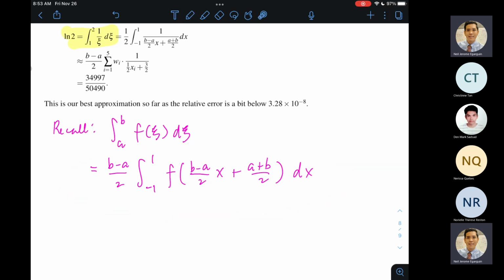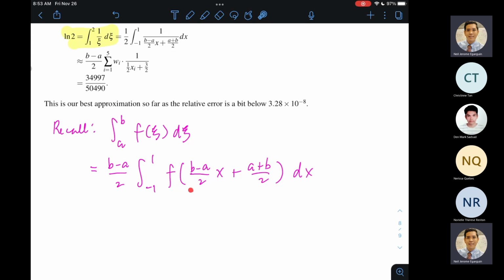Okay? So the integration from a to b now boils down to an integration from -1 to 1. Tapos yung nasa loob natin ay scaled roots. Yung mga x's ay mga values from -1 to 1. Pero dahil dun sa scaling factor and translating term, itong mga values na pina-plug in natin kay f actually ay mga values na nanggagaling sa interval AB.